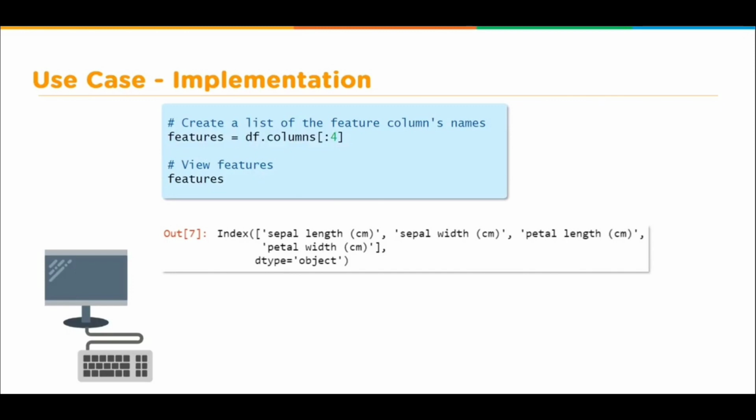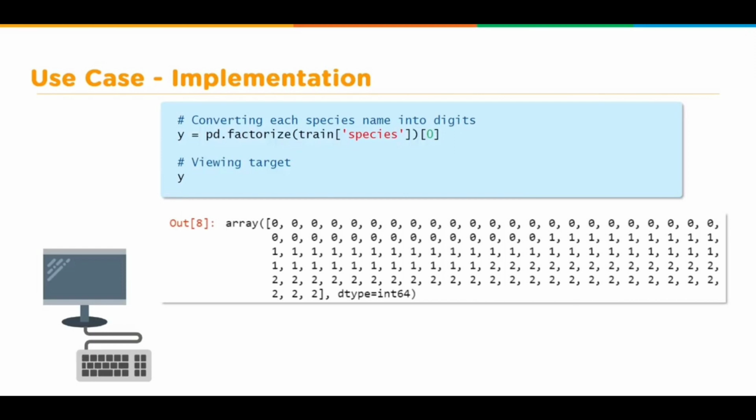All are in centimeters. Converting each species name into digits. y = pd.factorize(train['species'])[0]. Viewing target y array, it will give the output array of 0 0 and so on.